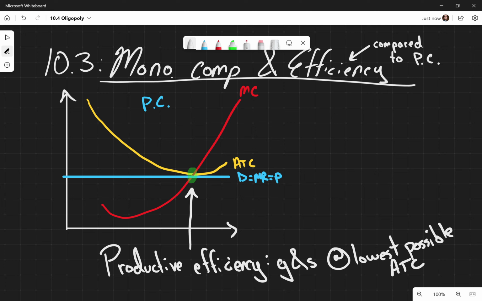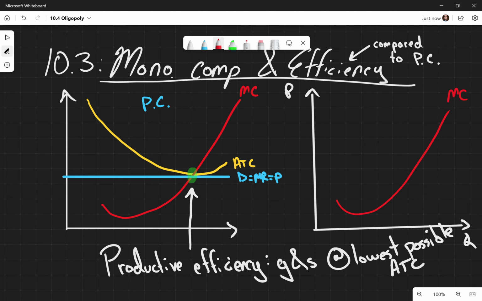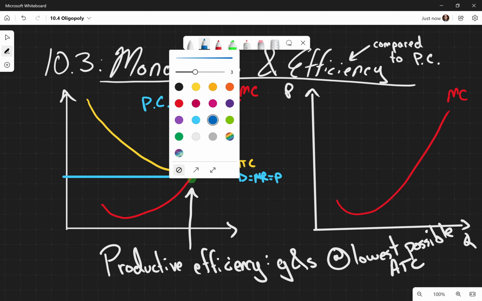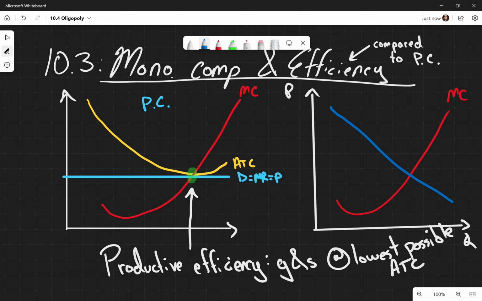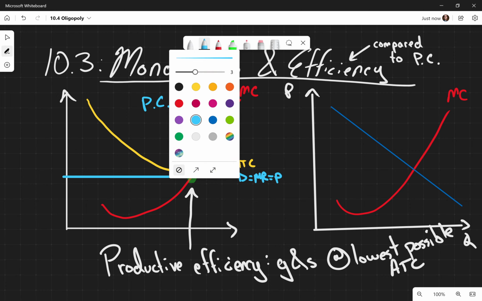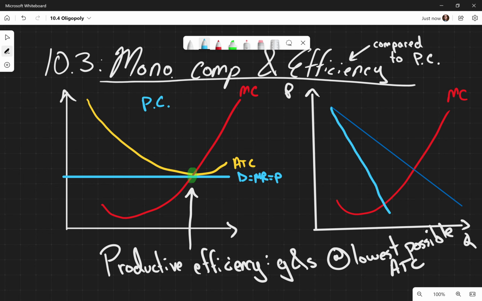Now, when we compare this to the monopolistically competitive situation, remember, now we have a downward sloping demand curve with a downward sloping marginal revenue curve that has twice the slope.